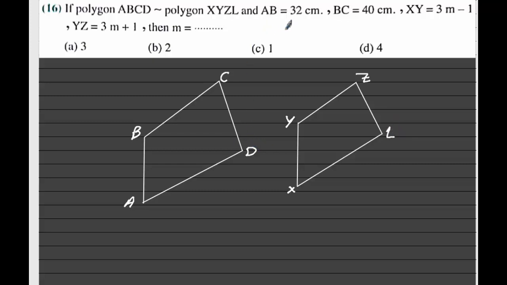And we have AB equals 32 centimeters, BC equals 40, and the length of XY equals 3m minus 1, and YZ equals 3m plus 1.